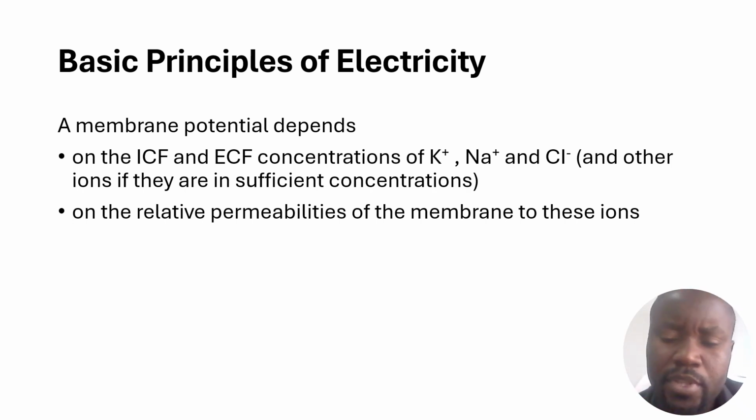Potassium easily leaks across the membrane. Why? Because the potassium channels are almost always slightly open. So the permeability of the membrane to potassium is higher than to sodium and chloride, and the equilibrium potential for potassium is very different from sodium and chloride. This is what we are trying to communicate here.